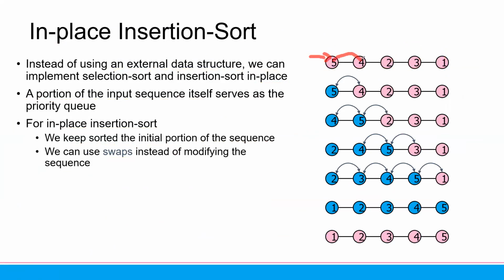5 and 4. So is 5 higher than 4? Yes, because 5 is higher than 4, then swap. So 4 and 5 will be swapped. And then after that, I will check if 5 is higher than 2.